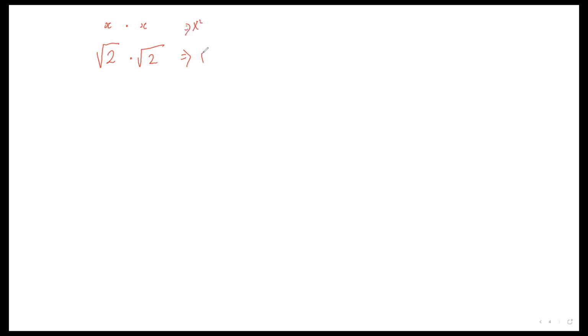Now this just becomes root 2 squared. And you know, if you root a number, then square that number, the number just remains itself. So you could say the root and the square cancel out, and you basically have 2, right? And this applies for any number, any situation like this.